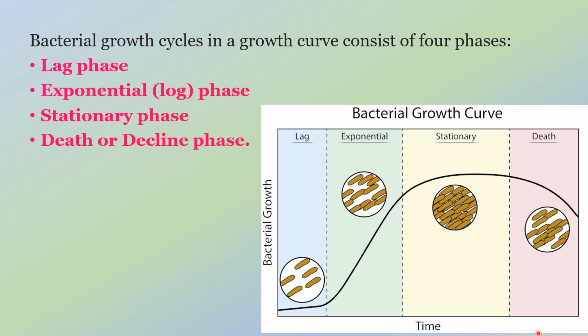This is the graphical representation of the bacterial growth curve. The bacterial growth curve consists of 4 different phases. First, lag phase; second, exponential or log phase; third, stationary phase; fourth, death or decline phase. In lag phase, bacteria are preparing their cell machinery for growth and adapting to their new environment.